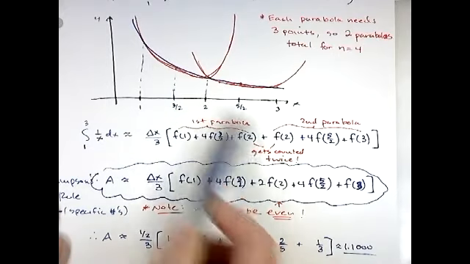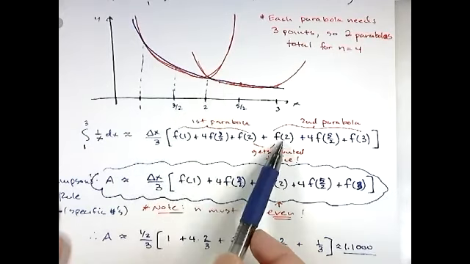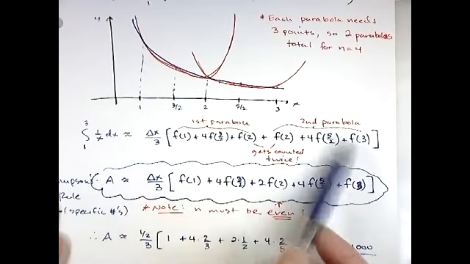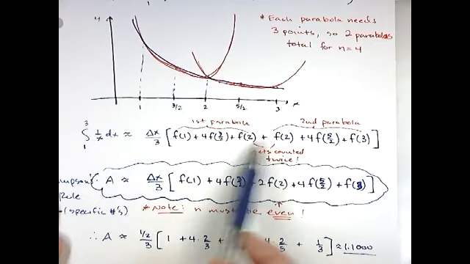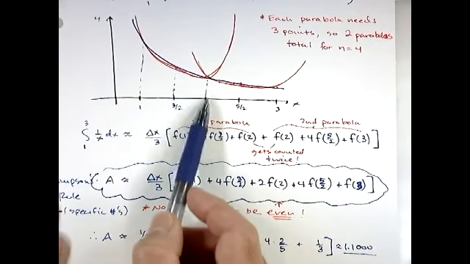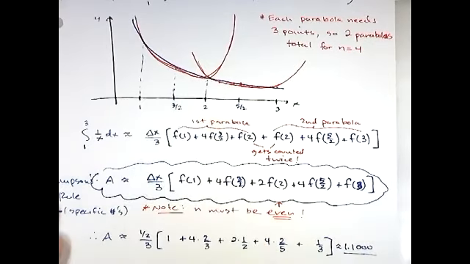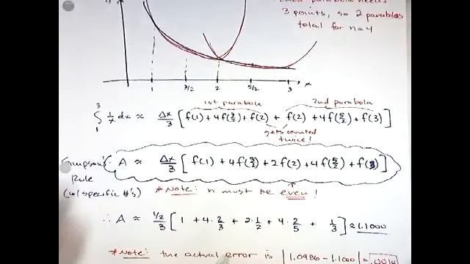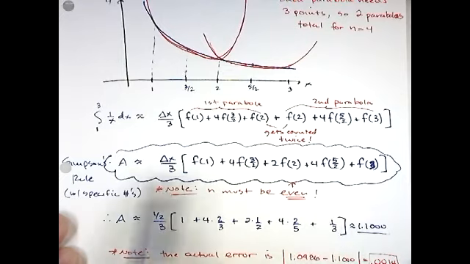But then for my next parabola, I need to use f of 2, 4 f of 5/2 plus f of 3. So the f of 2 is going to get counted twice because it's part of 2 parabolas.